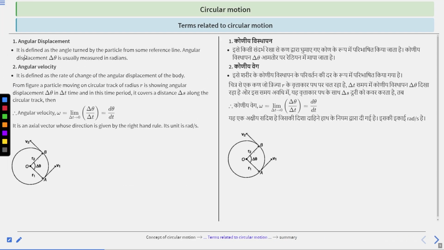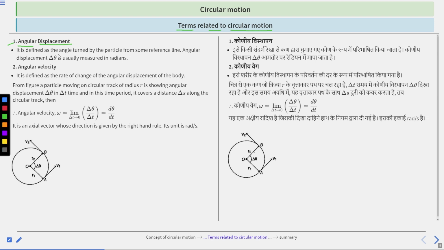Next is terms related to circular motion. Clear? So first term is angular displacement. We already discussed displacement in the previous lecture. Displacement depends on initial and final position. It does not depend on path.